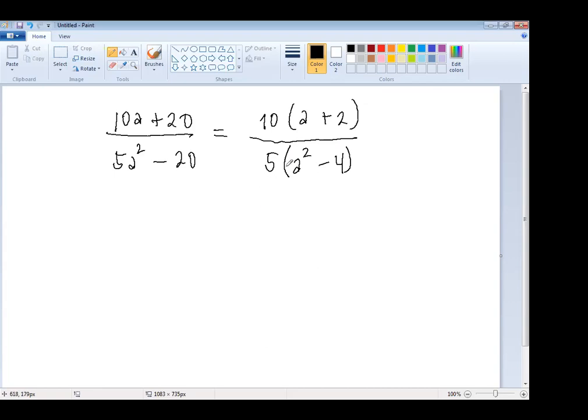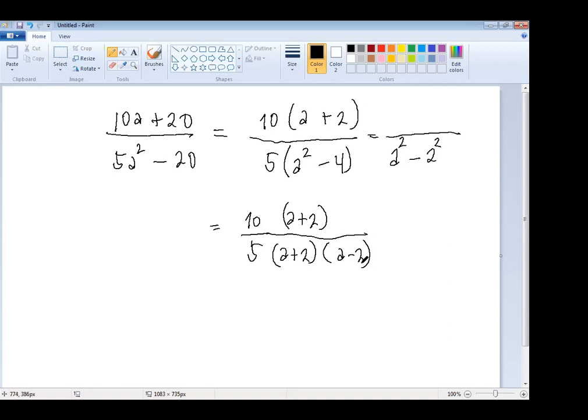From here, this part, a squared minus 4, we can make in the form of a squared minus 2 squared, right? So in this case, we can write 10 over 5 times a plus 2, and then a squared minus 2 squared gives us a plus 2 times a minus 2, right?